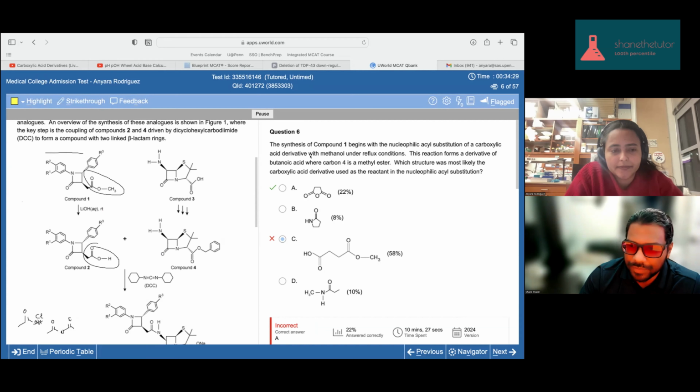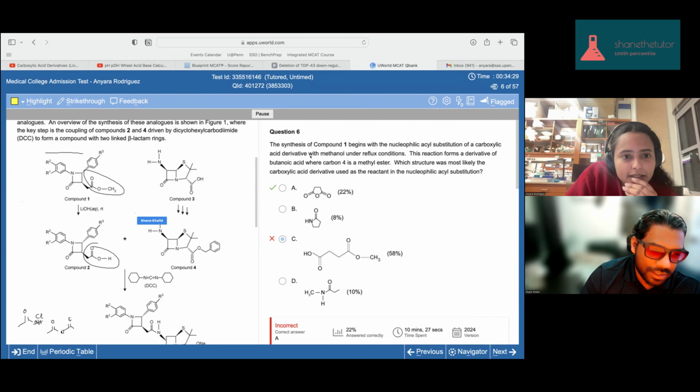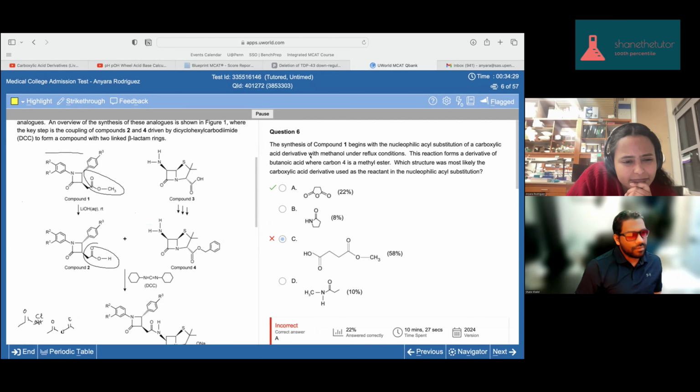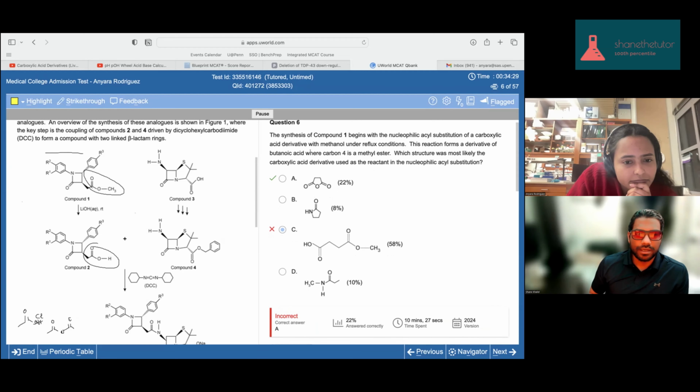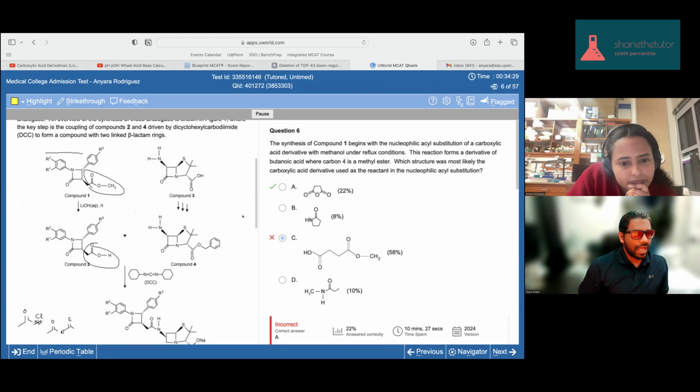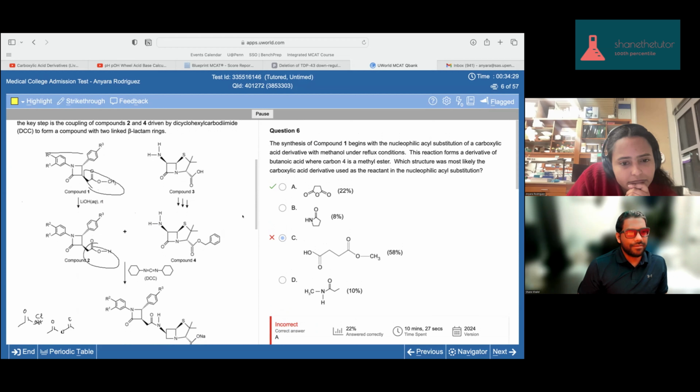But whatever, as long as we know that we're changing an ester into a carboxylic acid, that's how we get compound two. And then we have compound three, which doesn't have the aromatic R groups.